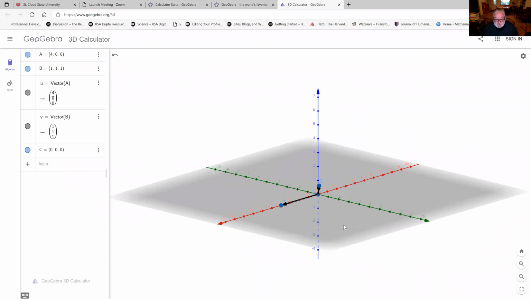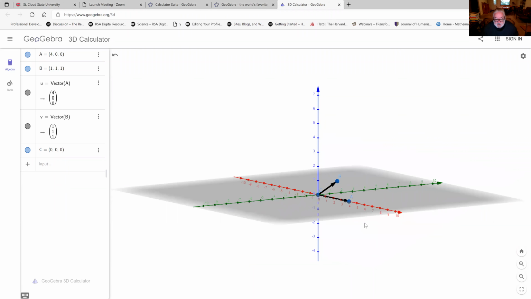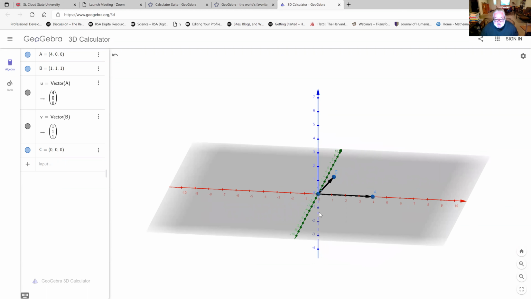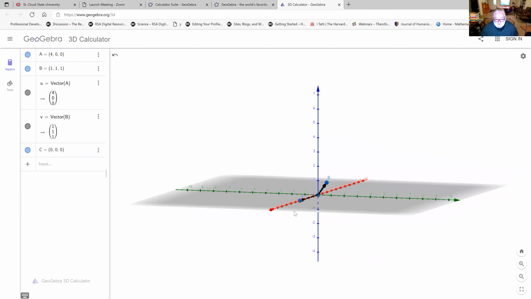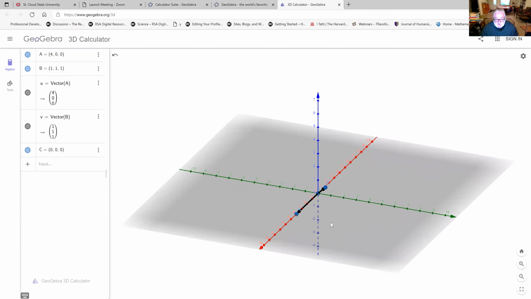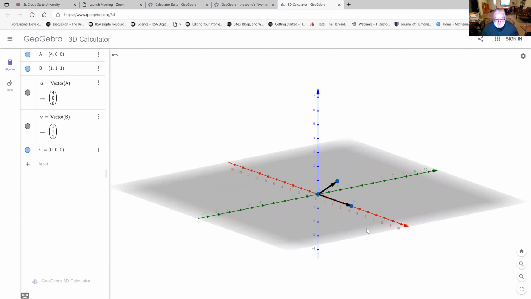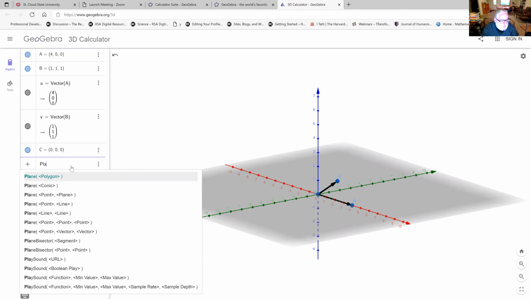Let's see, here B is above. A is right on the x-axis, B points up into space a little bit. So I guess if I put the x-axis there, then B is sort of pointing towards us. So the red line is the x-axis. Okay, so what is the span of this?